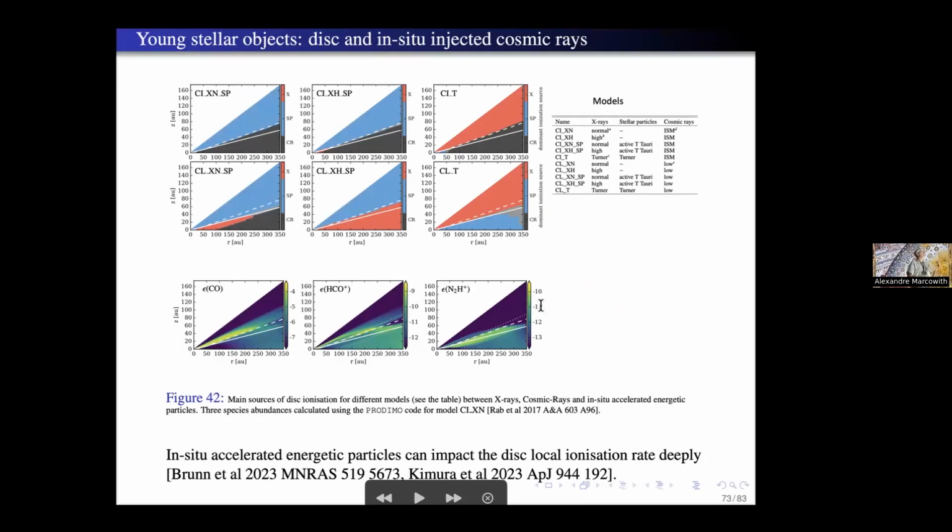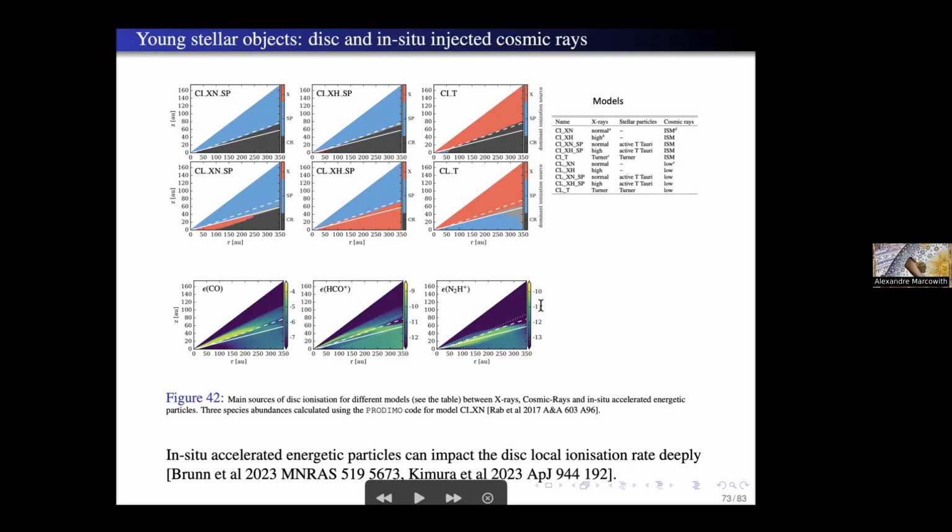There is different work that has been done recently on that, trying to gather the different sources of non-thermal ionization in the accretion disk. Here it's from a chemistry model of a disk done by a code which is ProDiMo. Christian Rab and collaborators have included X-rays from the star itself, external cosmic rays, which are partly shielded by the stellar wind, and an in situ source of cosmic rays associated with the stellar activity.